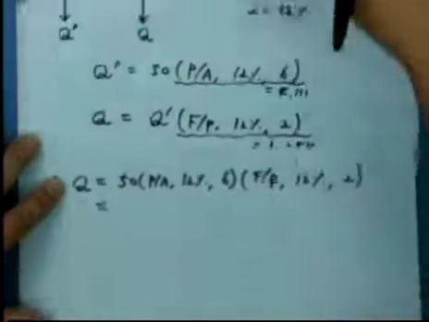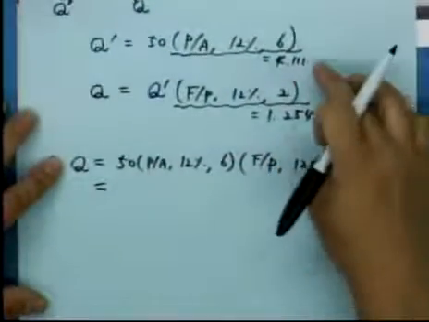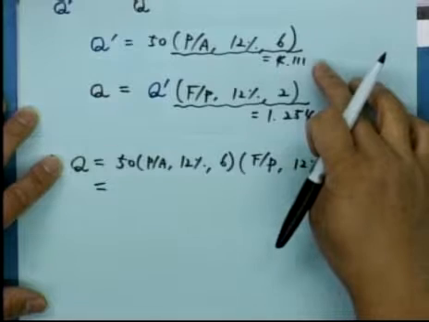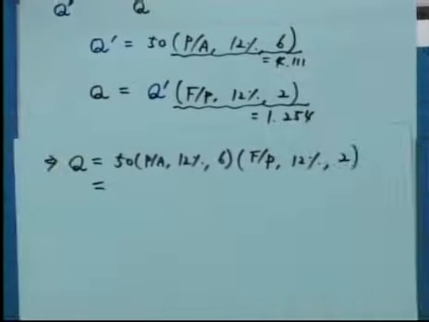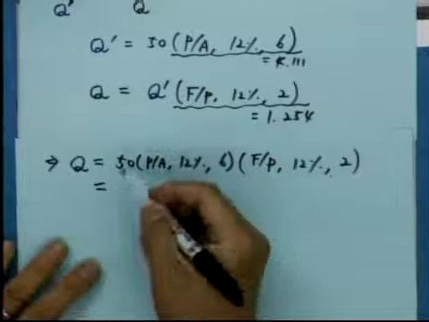We already got these factor values from the compound interest table. Okay, how much is that?